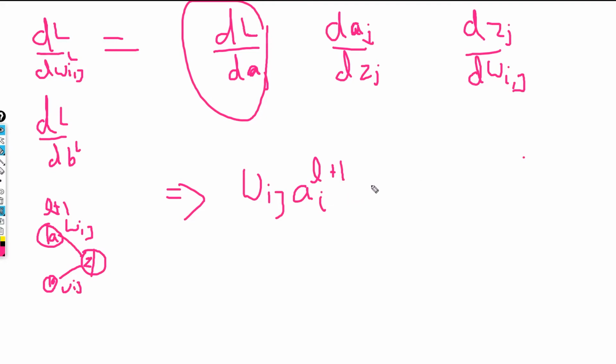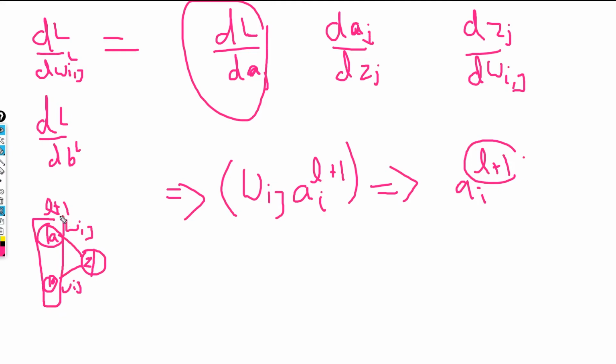Our output, when you find the derivative of this, is going to be nothing but ai L plus 1. So for the Lth layer, for this layer, we are going to find all the values of i. So this is what we are going to get.